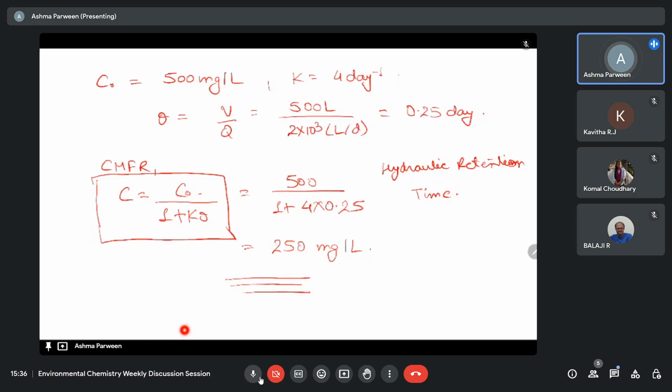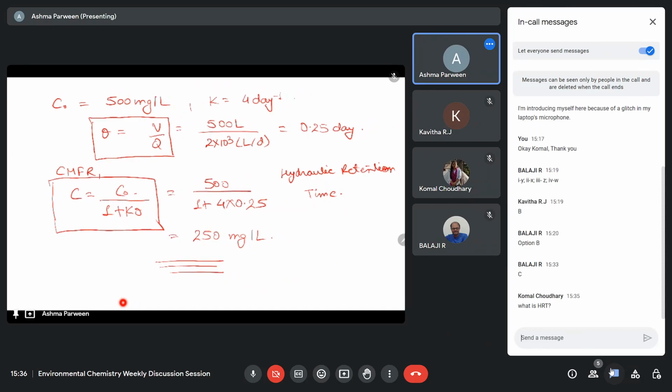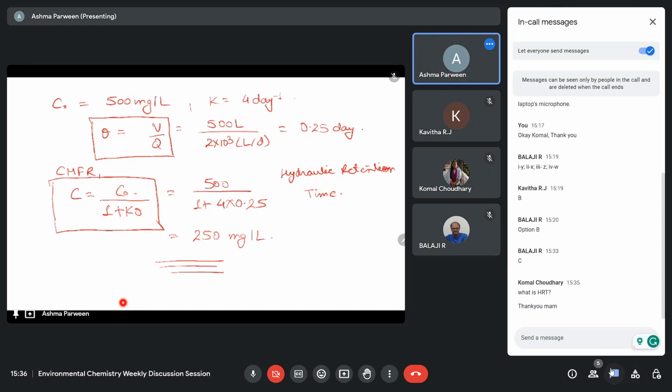So if we have a CMFR reactor and we are feeding the water, the time for which that water remains in the reactor is the HRT, and it is calculated from the formula theta equals V by Q. Is it clear? So Komal, is it clear what is HRT? Okay, thank you.